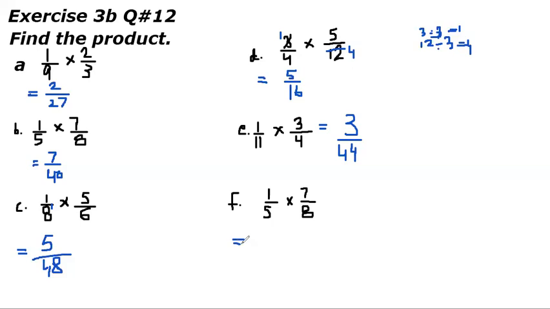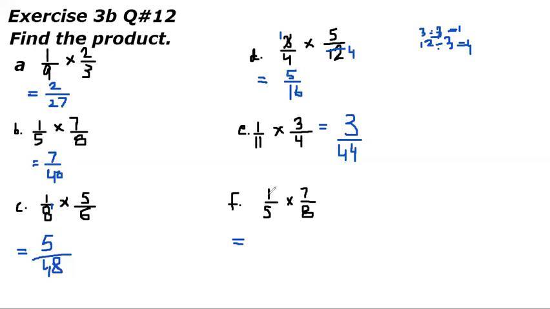Let's do F part. As I told you in previous questions, before multiplying two fractions, you have to check the numerators and denominators. I will check the denominator of the first fraction and numerator of the second fraction. Both are prime numbers. We cannot make cancelling. And check the numerator of the first fraction and denominator of the second fraction. Because this is 1, there is no need of cancelling.